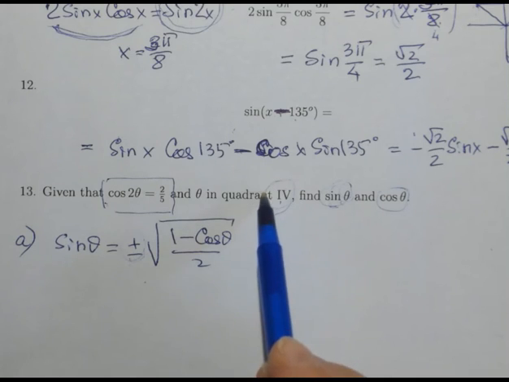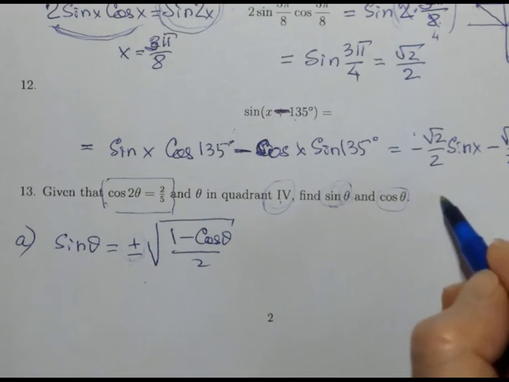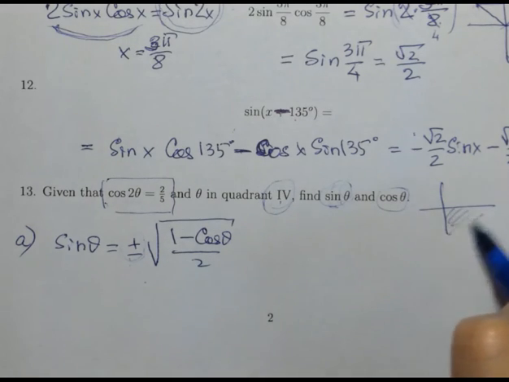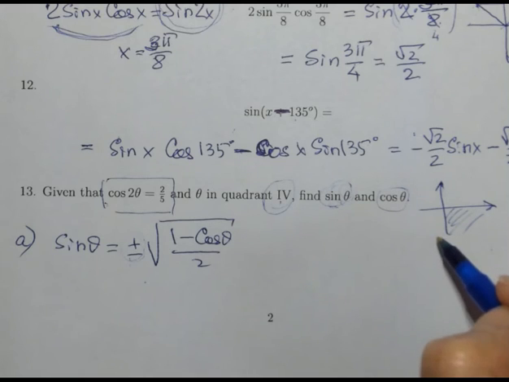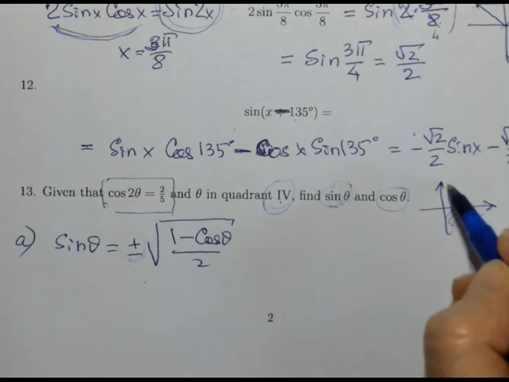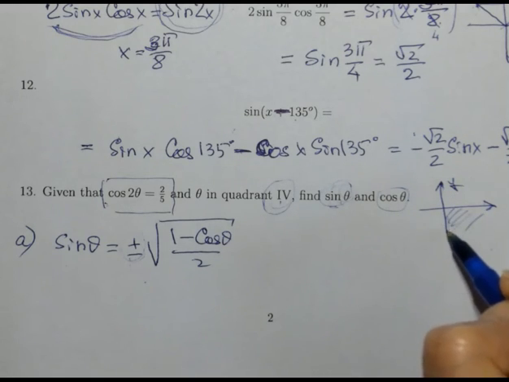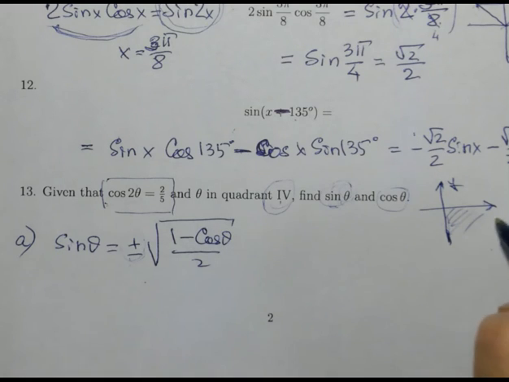The quadrant 4 here. In this quadrant, cosine is positive, but sine is negative. Sine is the y value, and the y value is negative below the x-axis. Cosine is the x coordinate, so to the right from the y-axis it is positive.